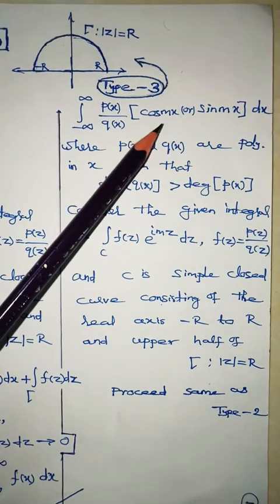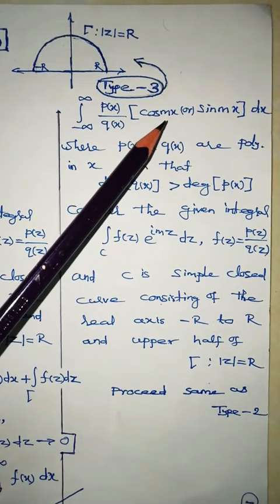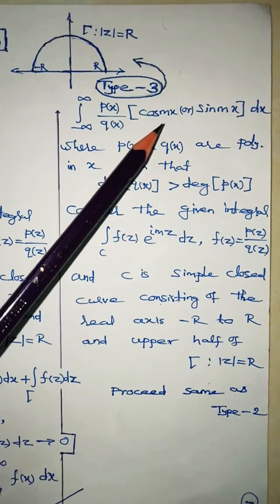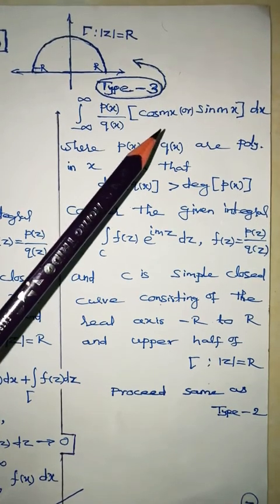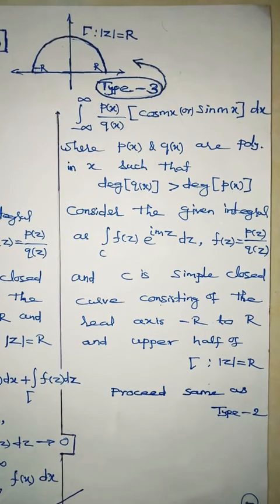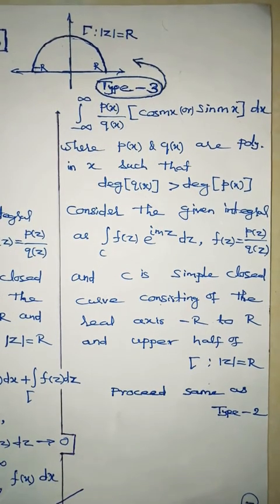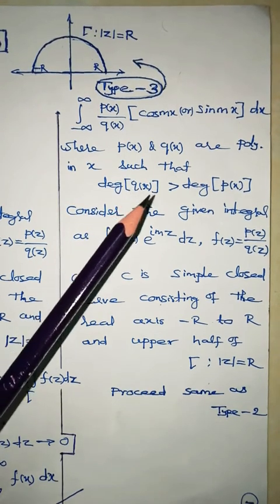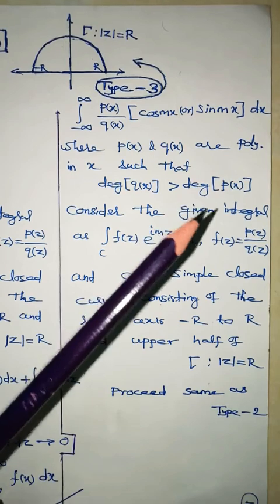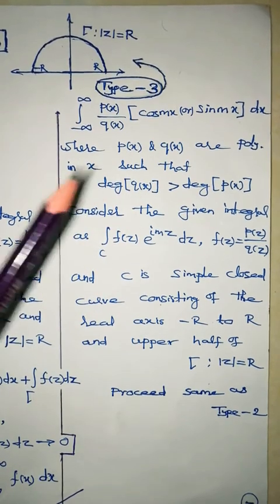Additionally, we have one more term, cos mx or sin mx. It is not compulsory that you must get cos mx or sin mx. It may be cos ax or cos bx, or in numbers also. Again the conditions are the same: p(x), q(x), degree of q(x) greater than degree of p(x) at least by 2. That condition and all remains the same.